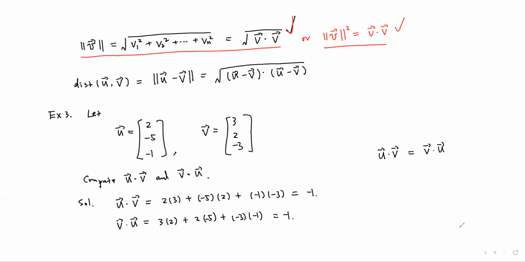Example 3, example 4, also about inner product. Example 4. Let u be -1, 2, a 2-dimensional vector. We can plot this vector in the XY plane. v is 2, 3. Also a 2-dimensional vector.